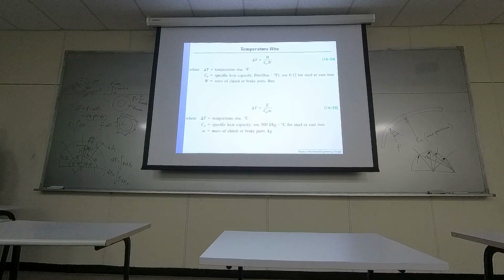And also, there are concerns of temperature, because there will be energy loss due to temperature. In the second half of the chapter, it also tells you that because there's friction, there's always temperature rise, and your energy will be lost.